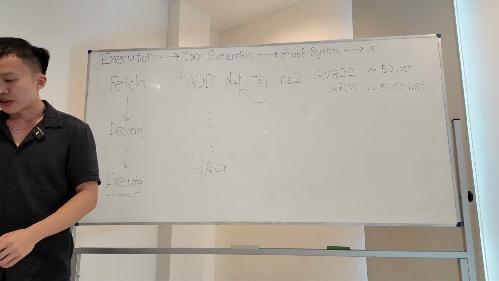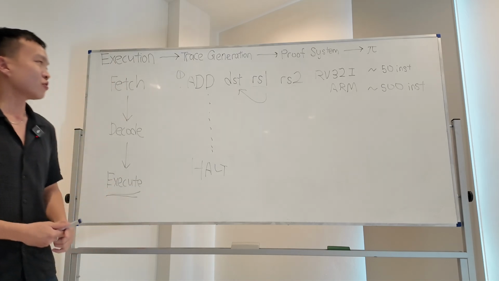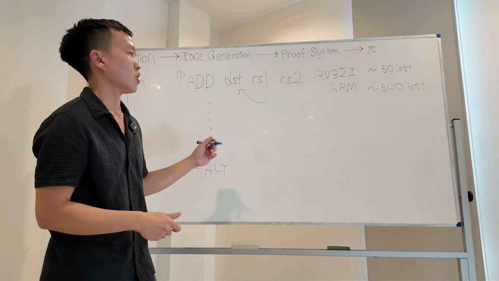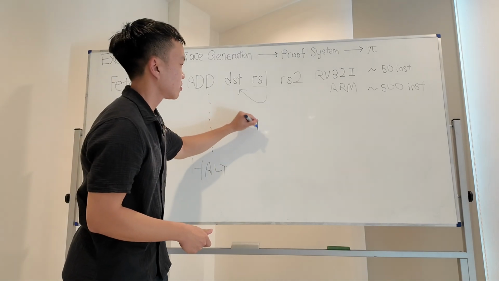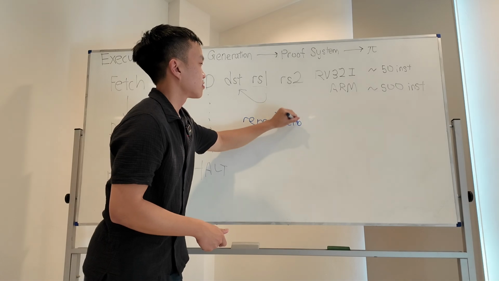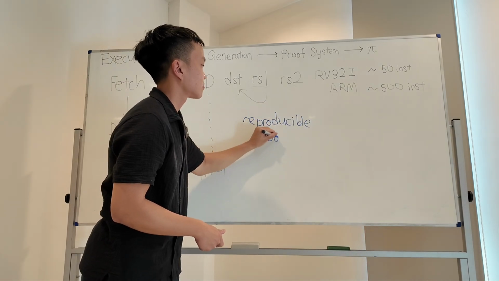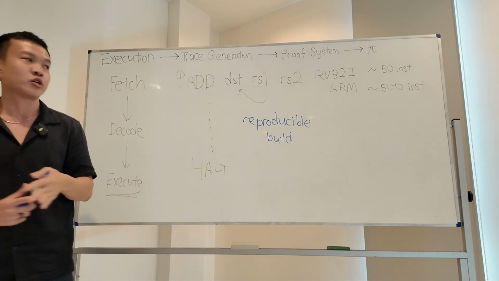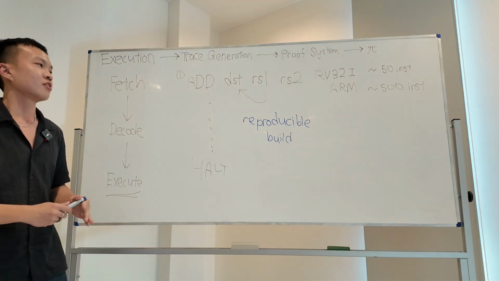There are also some other issues at this stage, such as the issue of trying to produce a reproducible build. I don't want to go too deep into this, but on a high level, we had to deal with this a bit.